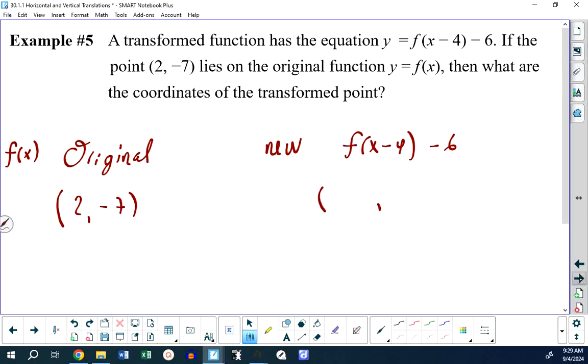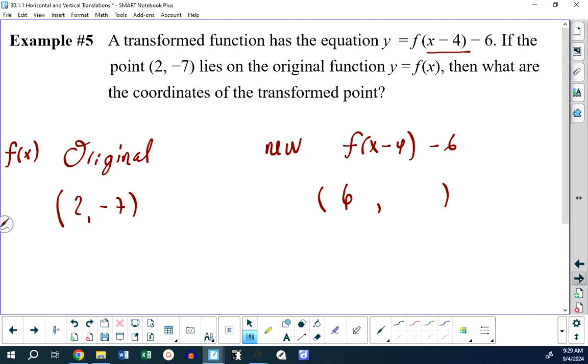Well, there are a couple of ways that you could do it, and I think one way is just an informal way. It's to look up here, everybody, forget about h and k, to look at this and say, well, I need to shift the original function 4 units to the right. And that means that the x coordinate goes from being 2 to 6.